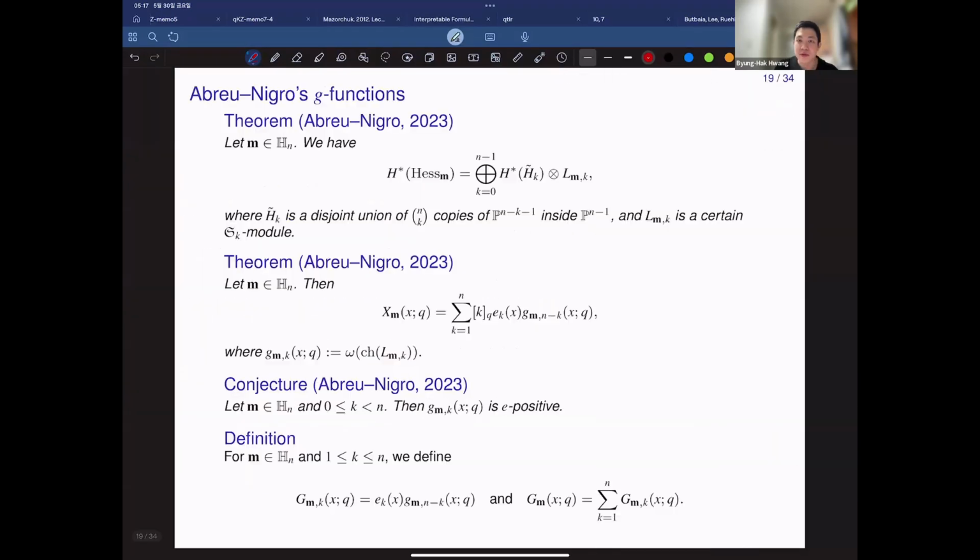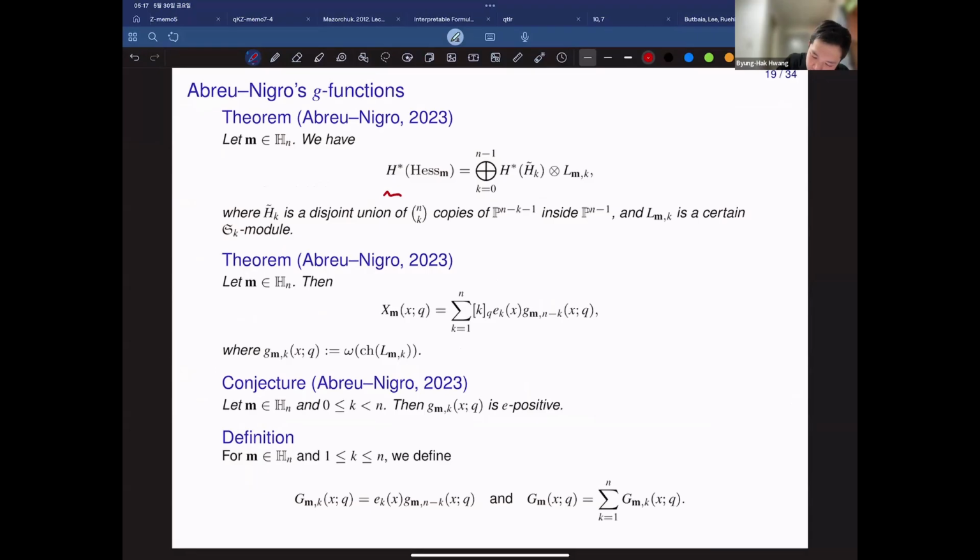And Abreu and Nigro go further. They applied the decomposition theorem of Beilinson, Bernstein, Deligne, and Gabber, and they have the following decomposition. The cohomology of the Hessenberg variety can be decomposed into smaller pieces like this, and they also decompose the chromatic quasisymmetric function using these decompositions.